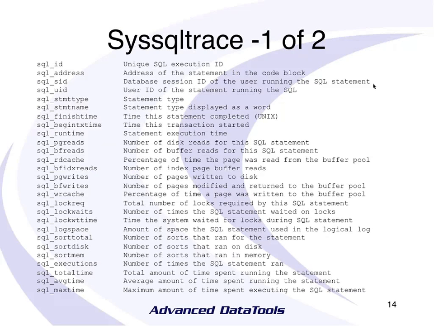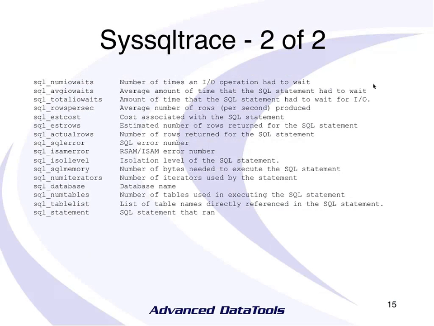Everything from the session ID, the time, how long it took, when the statement started, when it finished, the type of statement, how many logs it took, sorts, how many disk sorts, memory sorts, number of times the SQL ran, and on and on and on. So there's a lot of really good information here for debugging and figuring out where your problem SQL statements are.